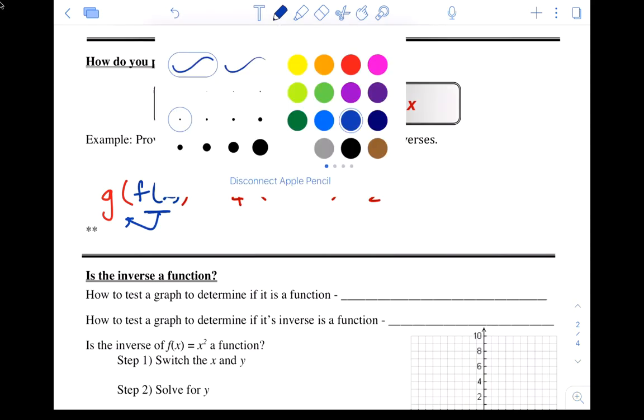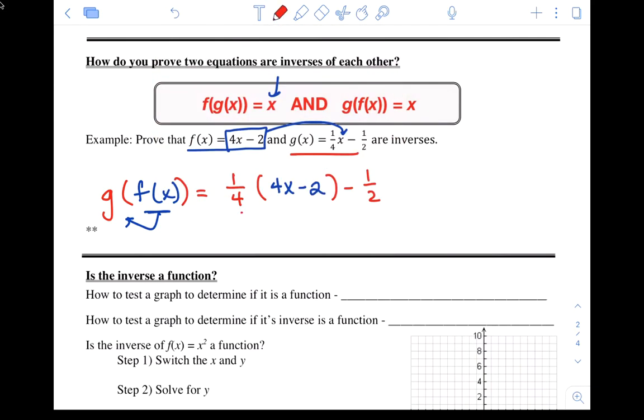Hopefully your instincts are kicking in and you see the distributive property. We end up with 1/4 of 4x, we've got 1x. 1/4 of 2 is 1/2, so 1/4 of negative 2 is negative 1/2.